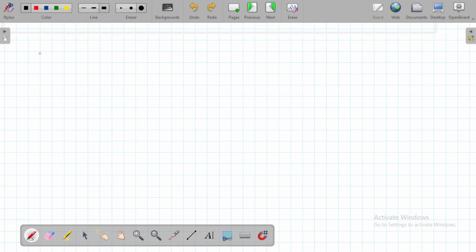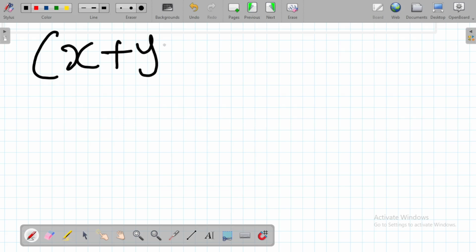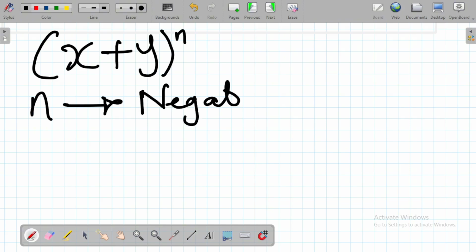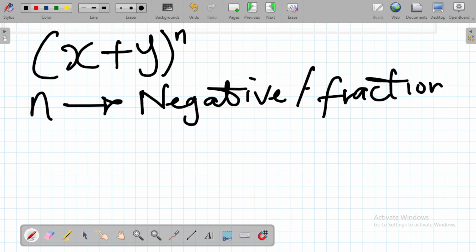All right, so in a situation where we have (x + y) all raised to power n, where n is a negative or fractional term, how do we go about it?